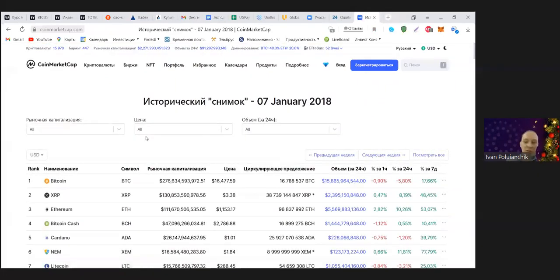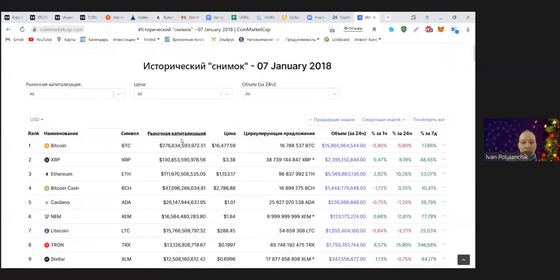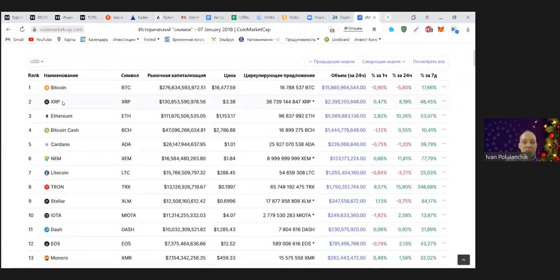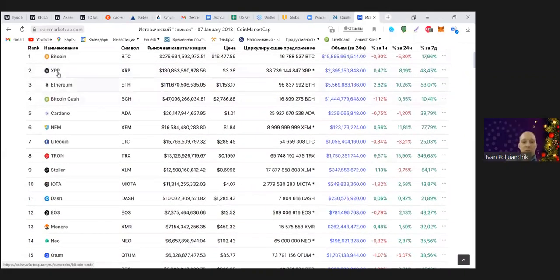January 2018, Bitcoin reached the mark of 20,000 and started going down, which lasted for 1.5 years. And you see Bitcoin ranked first. And also note, please, that there were other cryptocurrencies that were in the top.